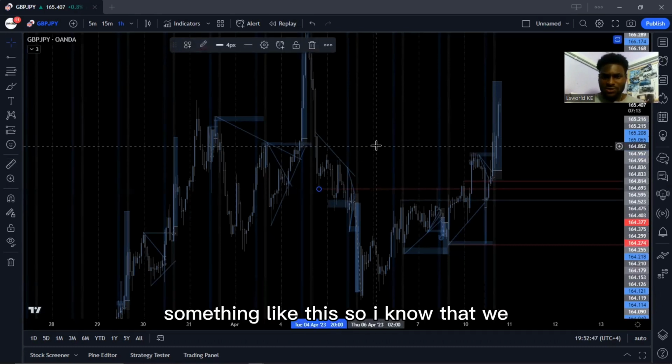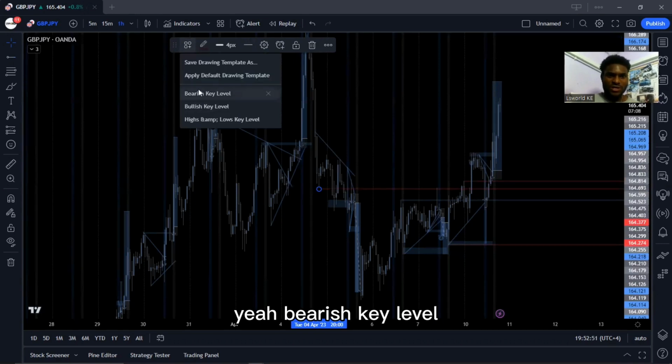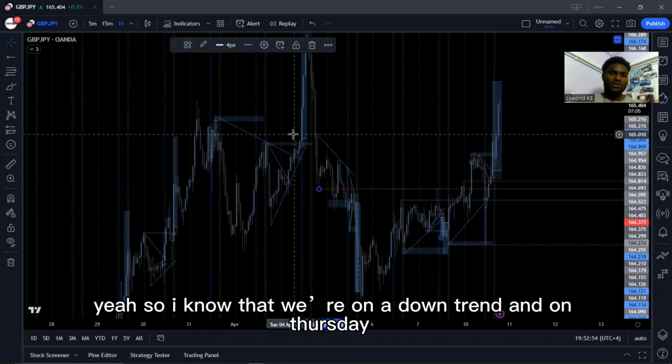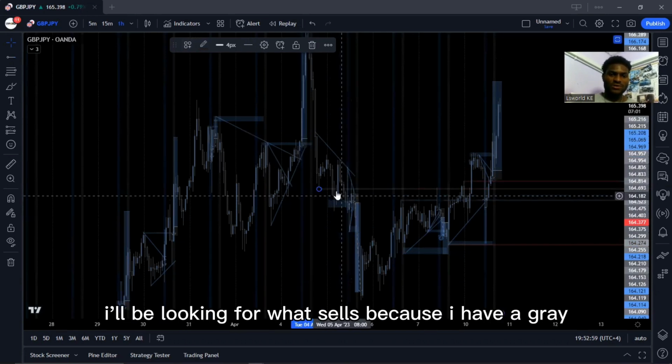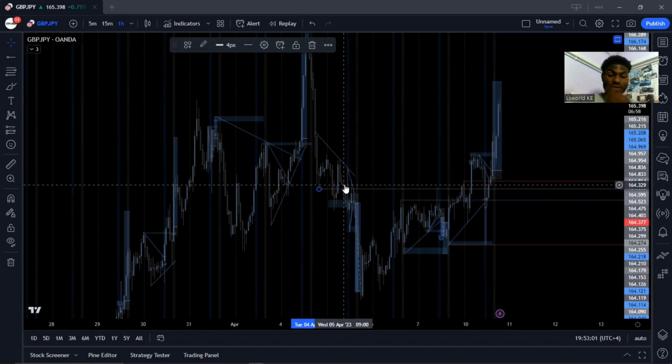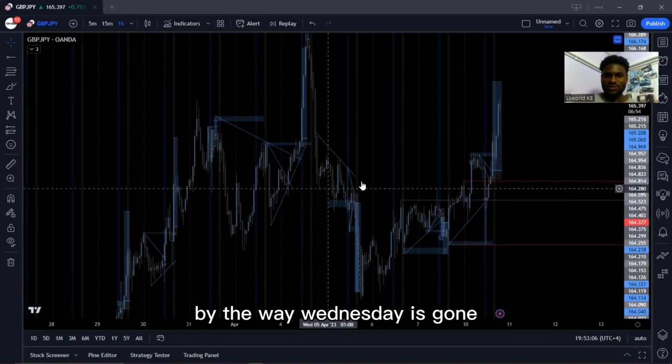Bearish key level, so I know that we're on a downtrend, and on Wednesday I'll be looking for sells because I have the gray key level over here.